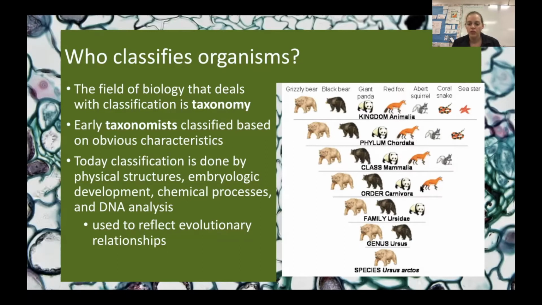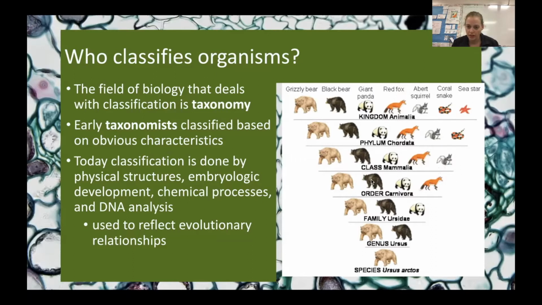If we move down to the order Carnivora, then we are looking for things that are considered carnivores. And I know the panda doesn't belong here necessarily. It's not a carnivore, but it is closely related to these bears, and so it does go into this group. There are some minor exceptions that you'll notice. But anyway, the carnivores do not include things like squirrels, not rodents.